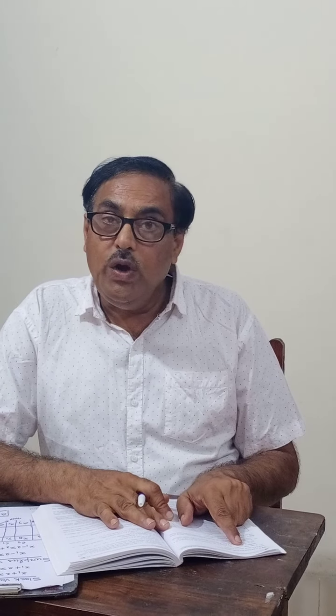First case, the simplest case: if only slack variables are involved in the constraints of the problem with n variables, suppose the variables are x1, x2, x3, xn, and the slack variables are s1, s2, s3, sm.